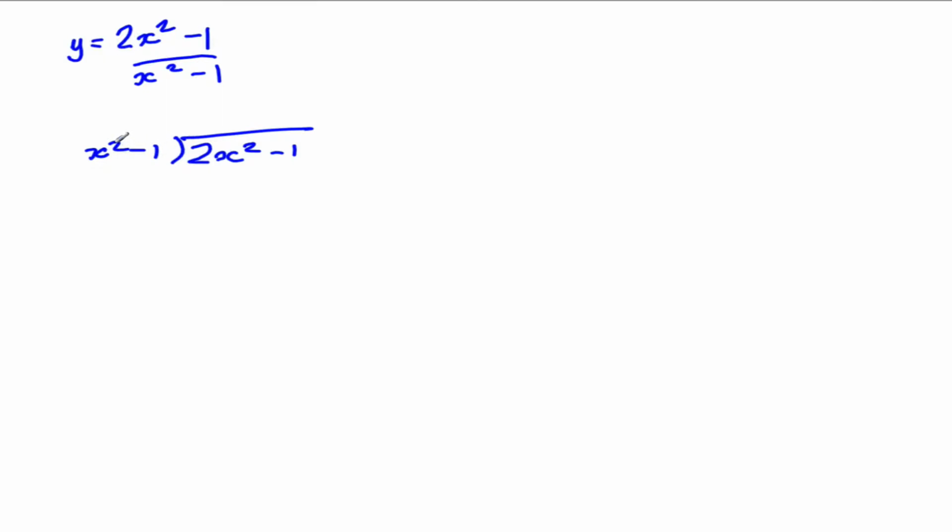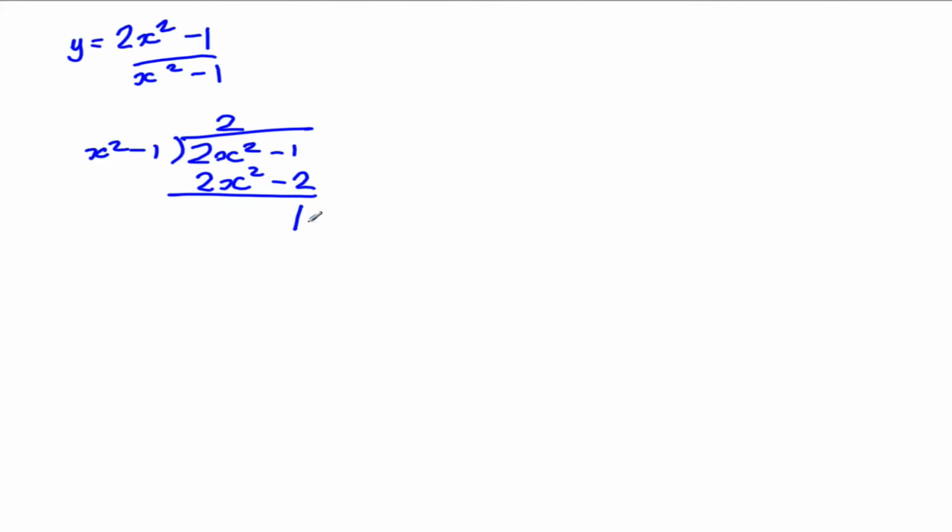Well, we need 2 of those, so we need 2. 2 of that is 2x squared minus 2. Subtract, so negative 1 minus negative 2 is negative 1 plus 2, which is just 1.